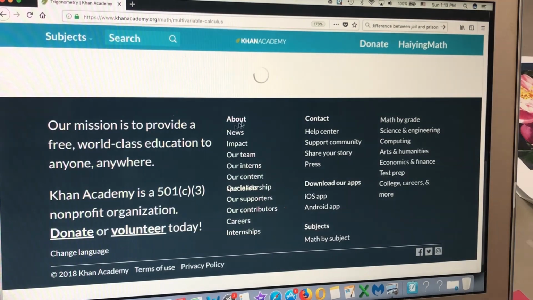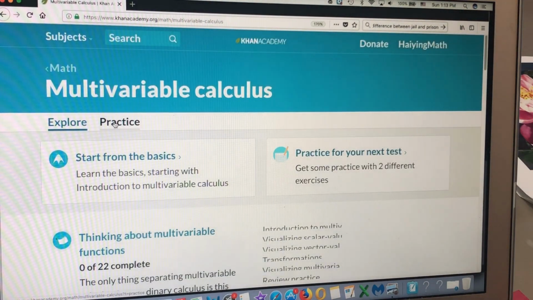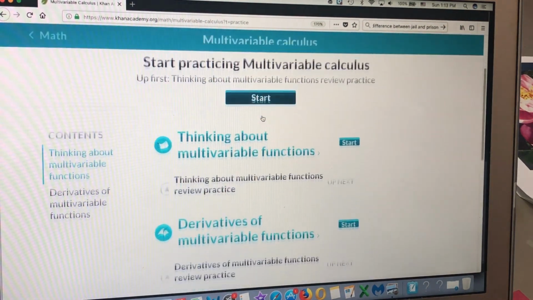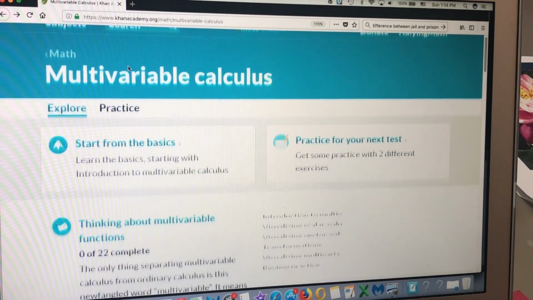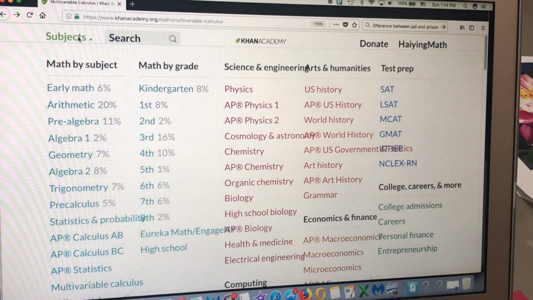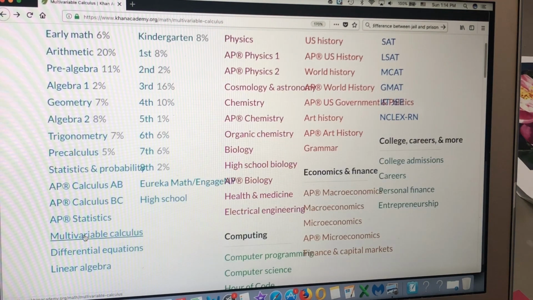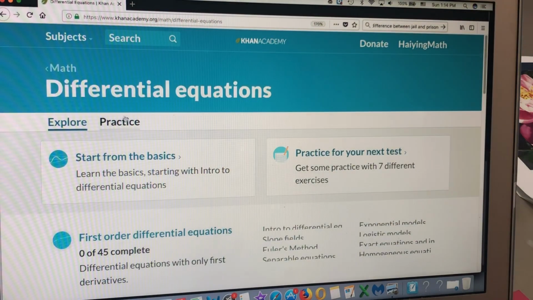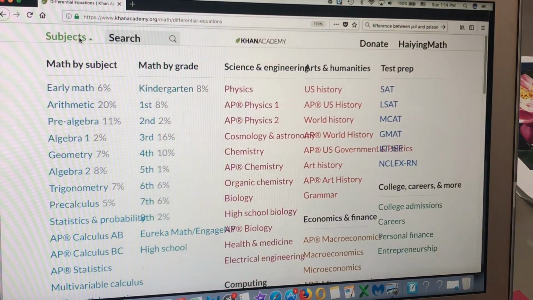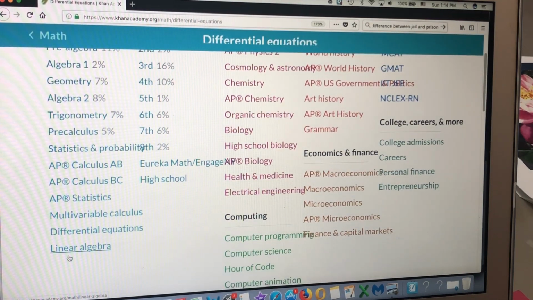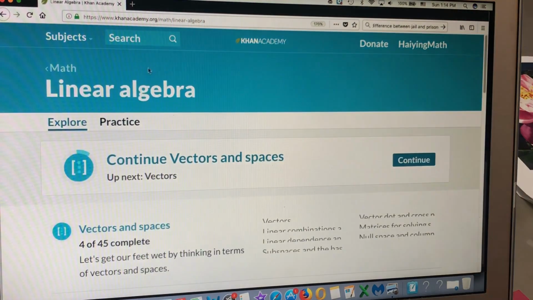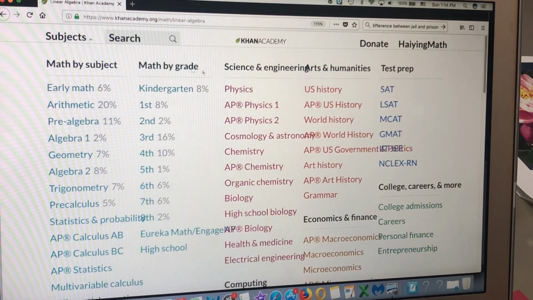Multivariable calculus, there is practice. That is very interesting. I like it. I like when there is a test. And let's do another subject. Differential equations. Oh, there is practice. That's good. So anything in the math part, usually they have it, linear algebra. There is practice everywhere in the math part.